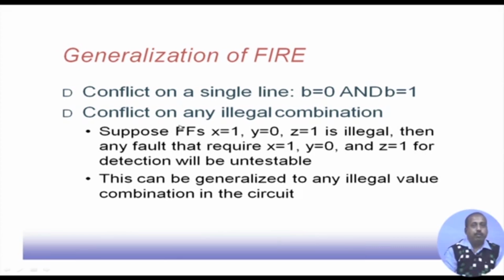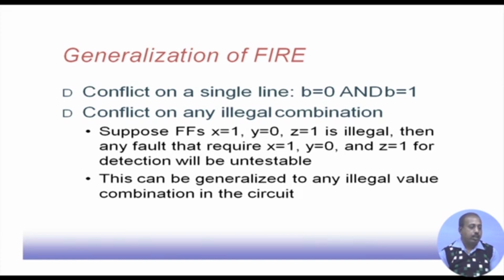Similarly, if we have flip flops, we have not discussed sequential ATPGs, but sequential ATPGs are also there, and though the algorithms are a bit complex compared to combinational ATPG, in that case also we can avoid some of the combinations.